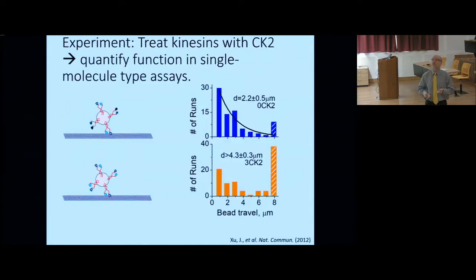What you can do then is an experiment where you take some recombinant kinesin and treat it with CK2, and then you recruit it to the bead. You do this with either untreated kinesin or CK2-treated kinesin, the same amount of kinesin, and you look at how far the beads go. In the untreated case, they're going about 2.2 microns.